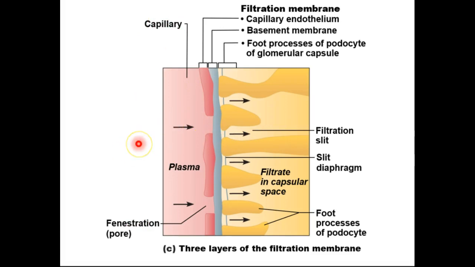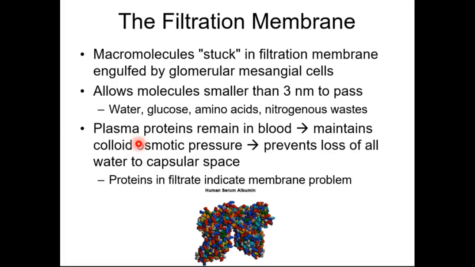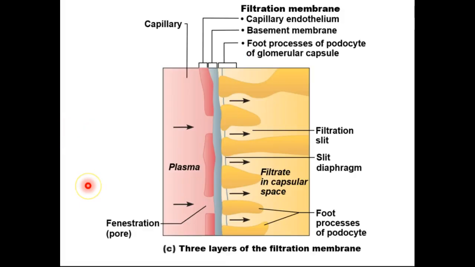What else is a bad sign if it shows up in urine? Large amounts of proteins. Proteinuria is a bad thing. So though we will have proteins smaller than 3 nanometers, that shared basement membrane is going to make it harder for that to move through.